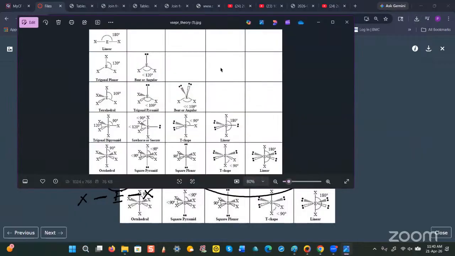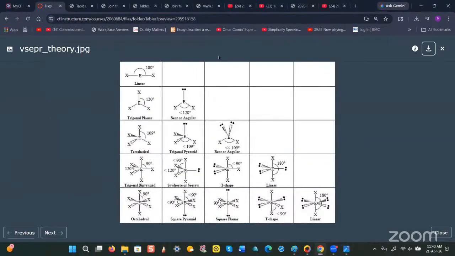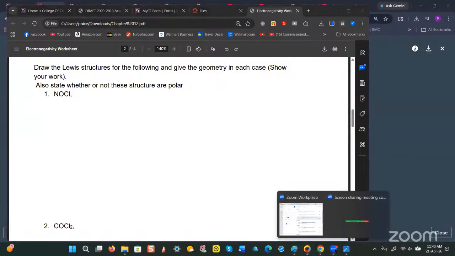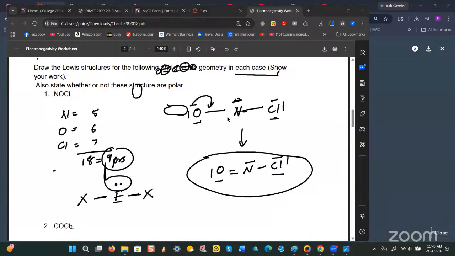So the structure that is similar to what I just mentioned, the central atom bonded to two other atoms, and you have a lone pair, would be this one right here, right? So therefore, we can go back to this and say that the molecule would be of a bent geometry. So therefore, if you have a lone pair on the central atom, and the central atom is bonded to two other atoms, as you can see here, we can say that the shape would be bent or angular. So I'm going to put bent here as the answer for the geometry.